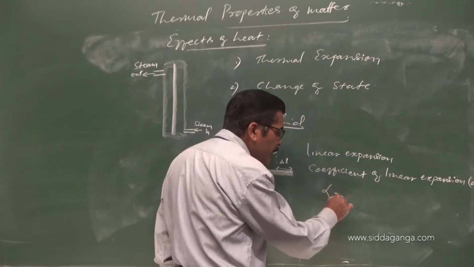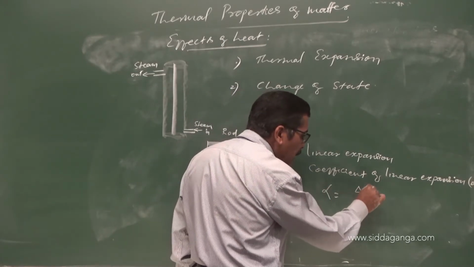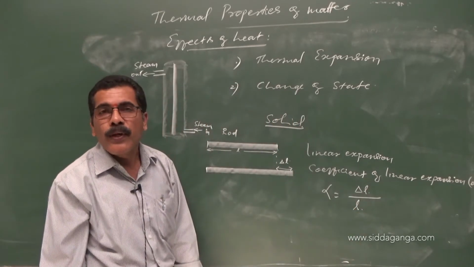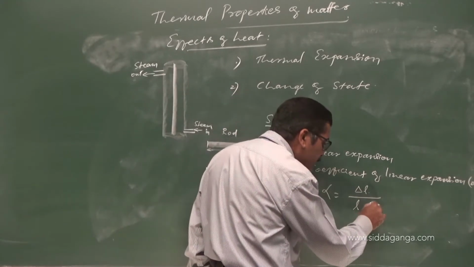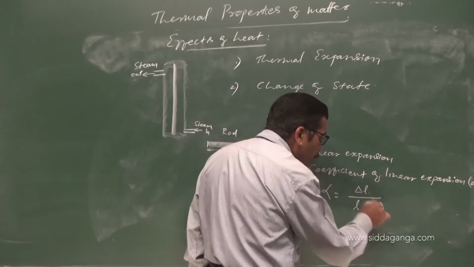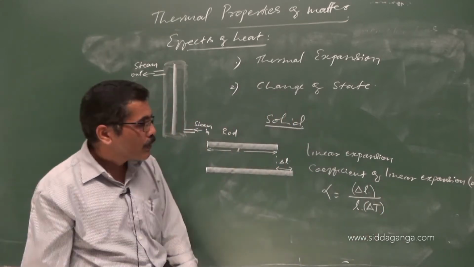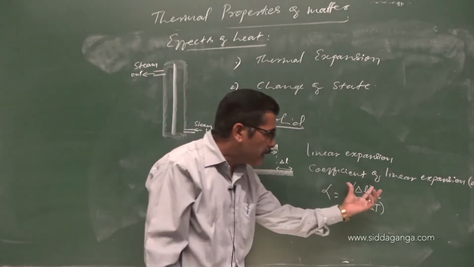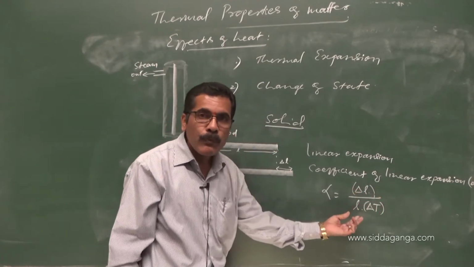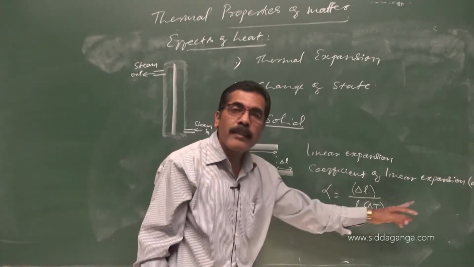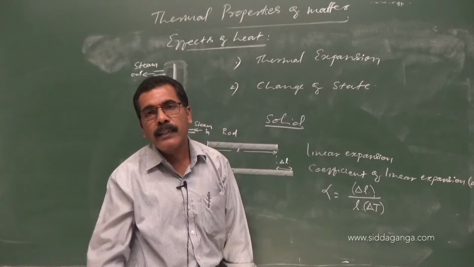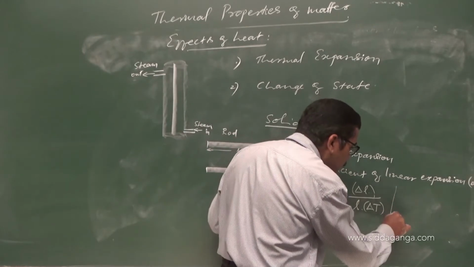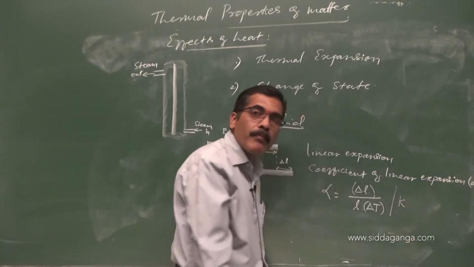Alpha may be defined as the ratio of increase in length to original length of the rod per unit rise in temperature. The ratio of increase in length of the rod to its original length per unit degree rise in temperature is called the linear expansion coefficient. And this is expressed in terms of per Kelvin.